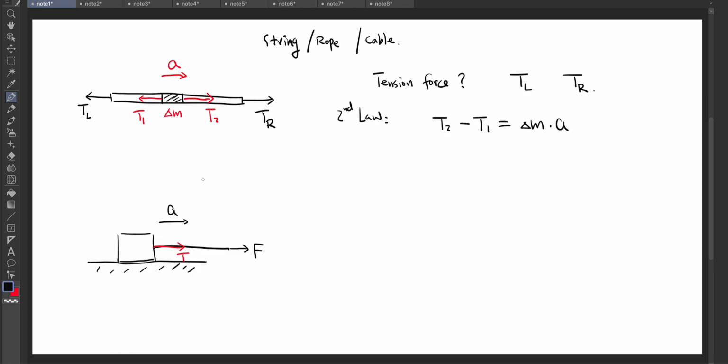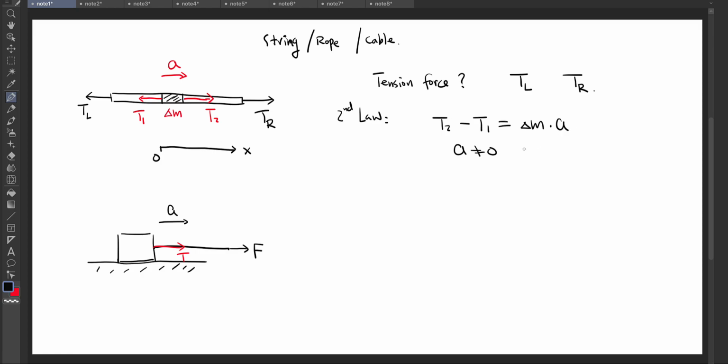Now, since we know the string here accelerates together with the block, this A should be non-zero. And also it's positive, right? Because when we write down T2 as positive and T1 as negative, we're assuming that the right side is the positive direction.